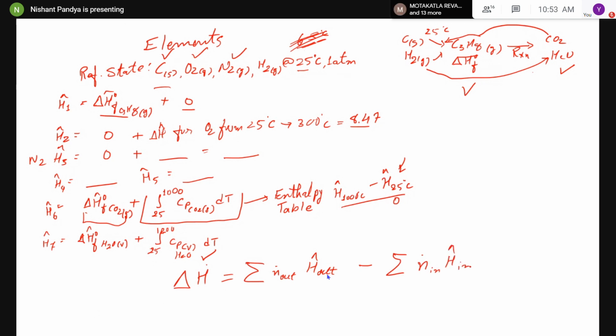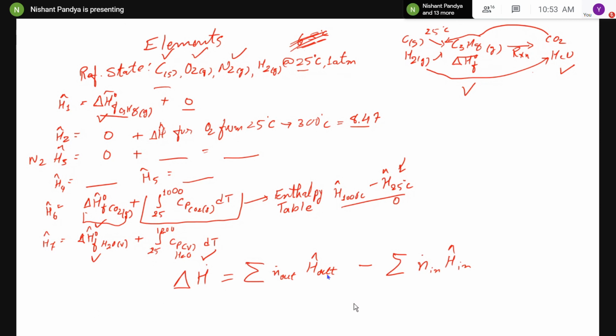There is no reaction here because it's already taken care of by the elements and this enthalpy of formation. This one, this one, this one will take care of it. You can see it here. This is formation, formation, formation. When you put it here, it becomes enthalpy of reaction.